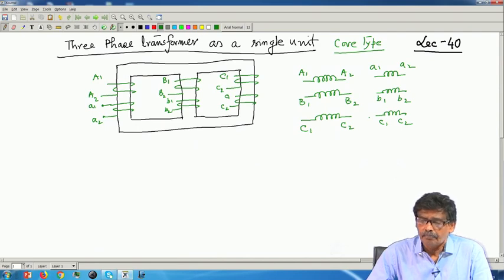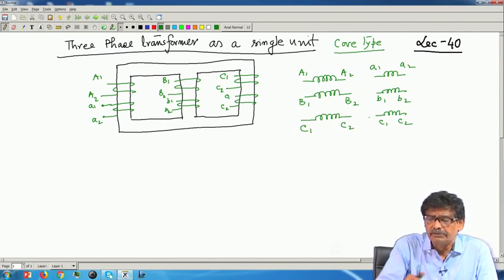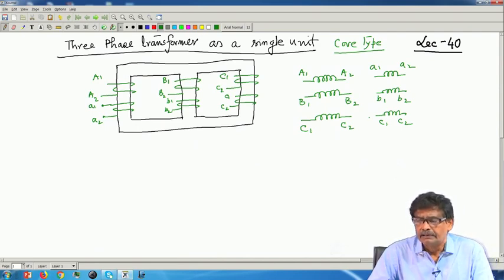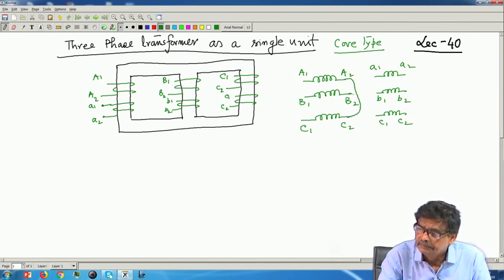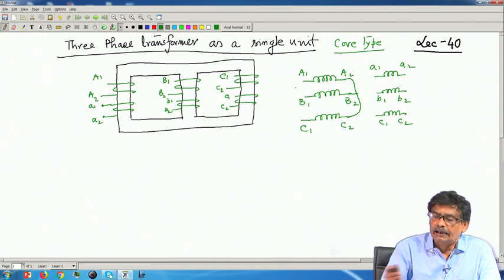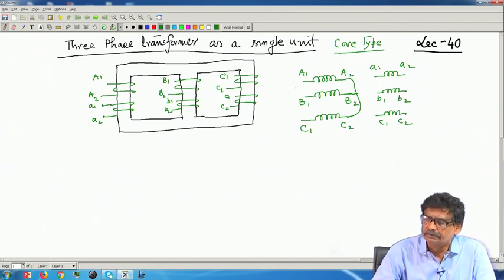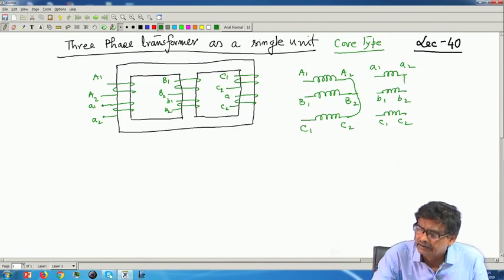But the only thing here one must understand is that suppose you connect these 3 in star, and excite it with the secondary open circuited, secondary also star.